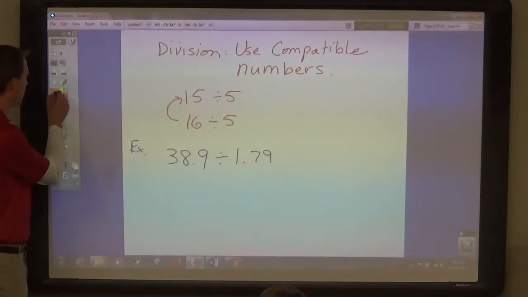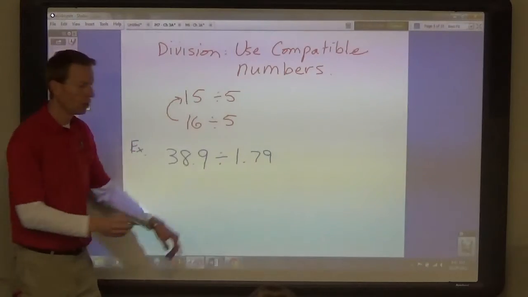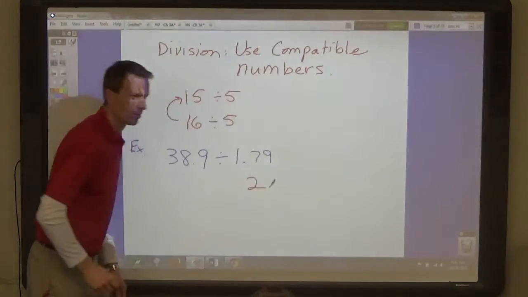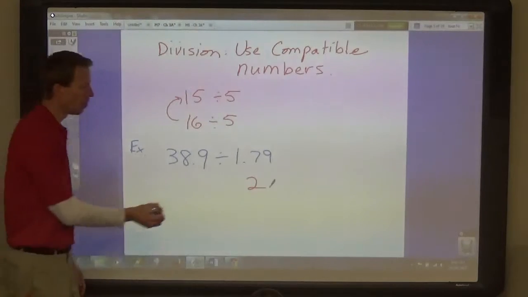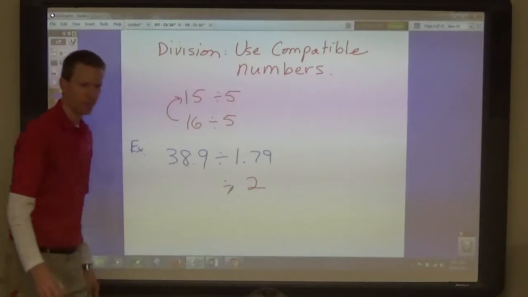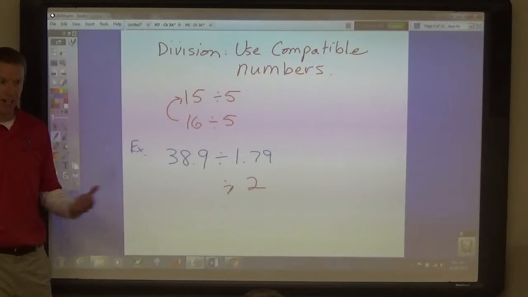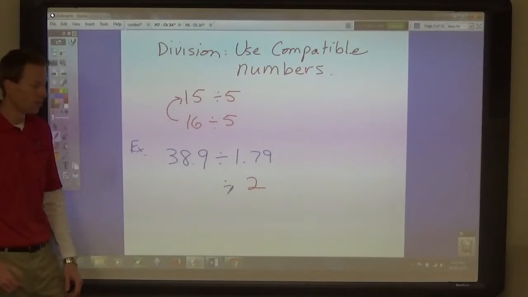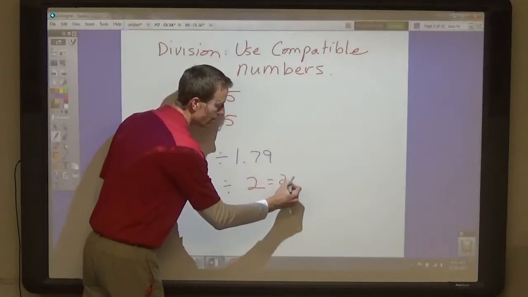Okay? What's the nearest whole number? 2. So we need to round this to a number that's divisible by 2. Either 38 or 40, right? 40 divided by 2 would work.